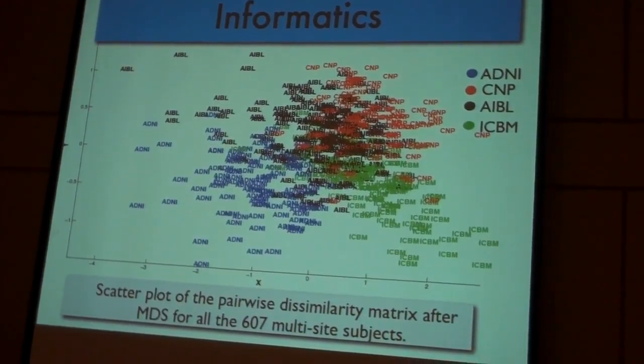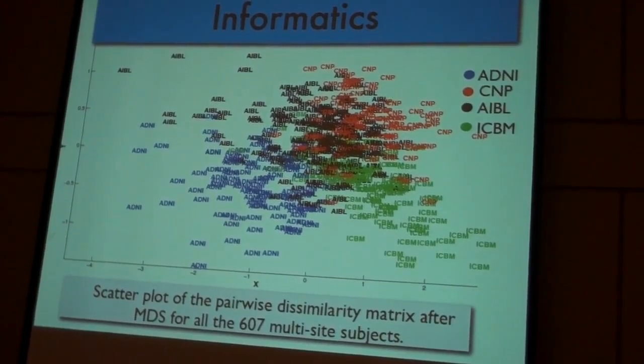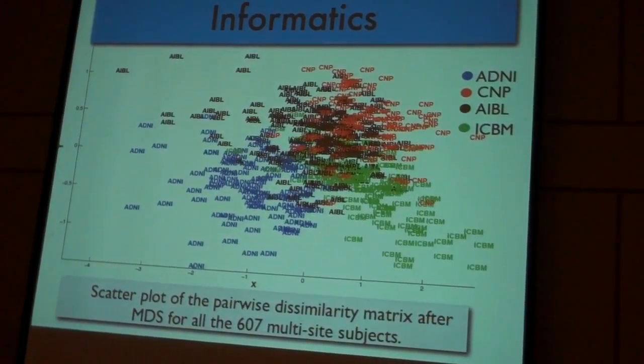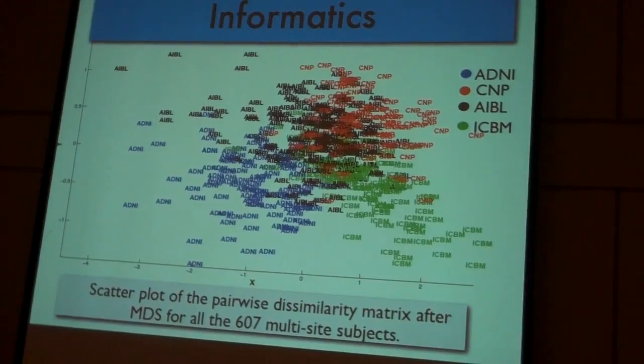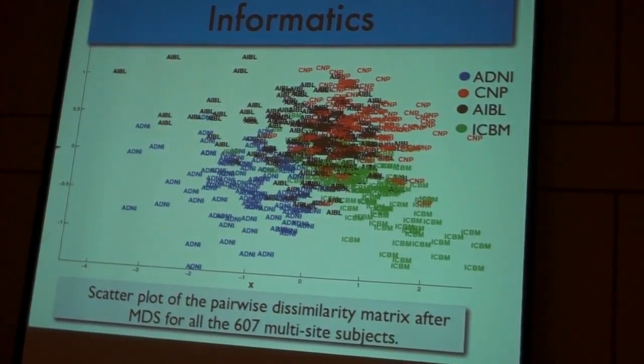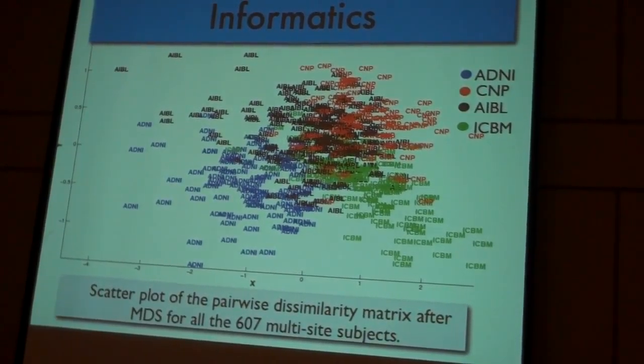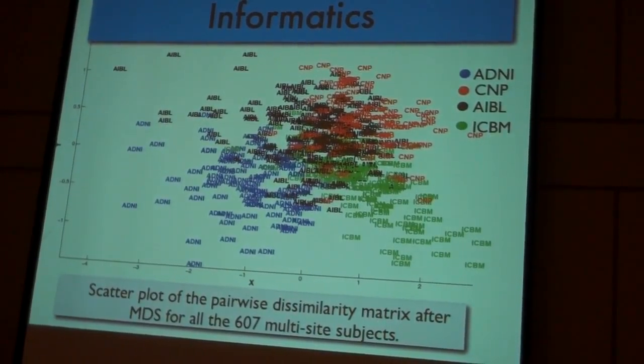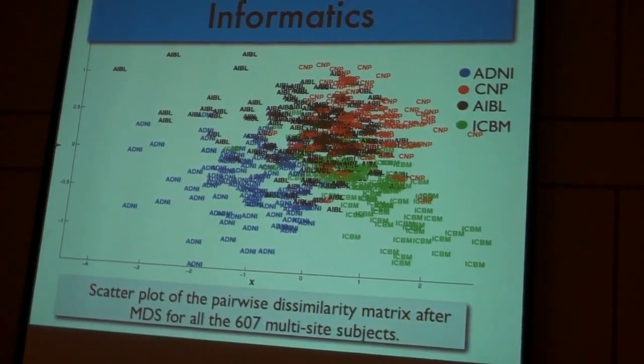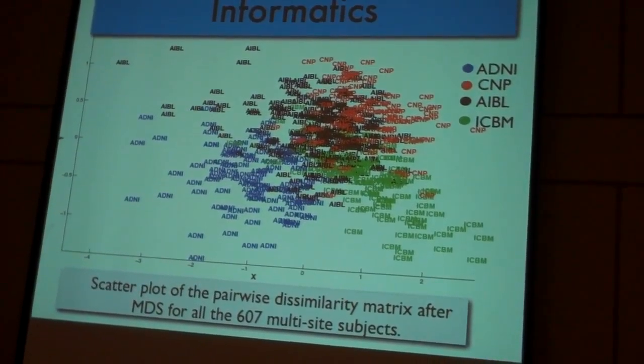Lastly, what we did was we pooled all of the data together, and this data consists of multi-site trials, different scanning parameters, different scanning protocols, different collection protocols, different imaging protocols, different geographical locations, of course.